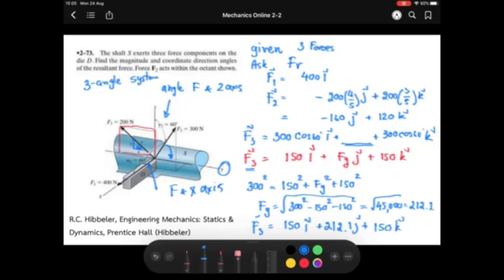After this, you may combine every term from F1, F2 and F3. Let me move this a little bit.